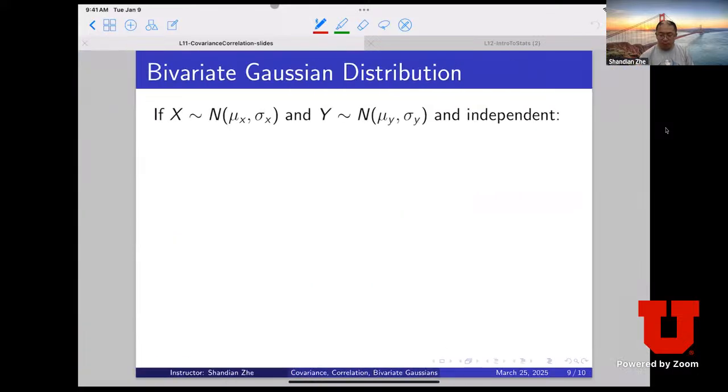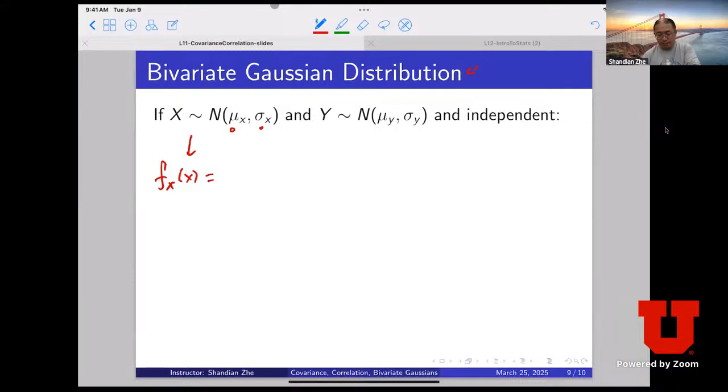And one example is the definition of the so-called bivariate Gaussian distribution. Previously we introduced the Gaussian distribution, right? If x follows a Gaussian distribution parameterized by the mean parameter mu x and standard deviation parameter sigma x, that means the PDF of x will take a special form.